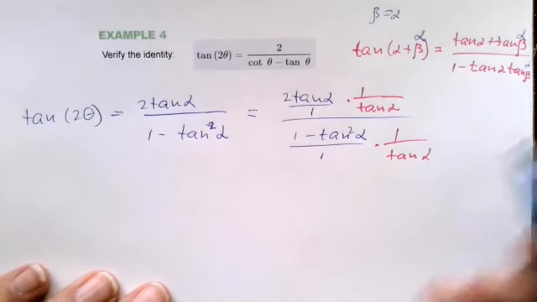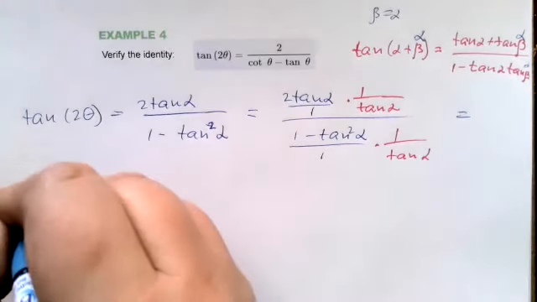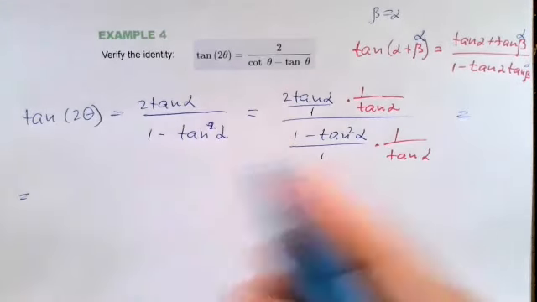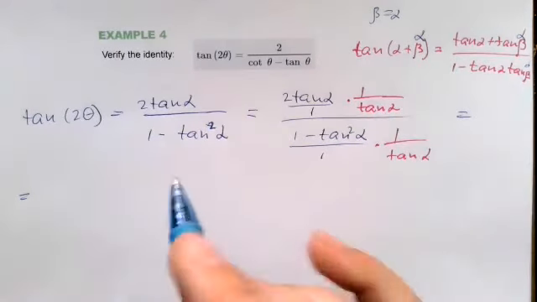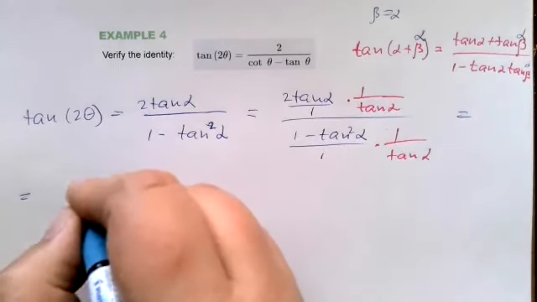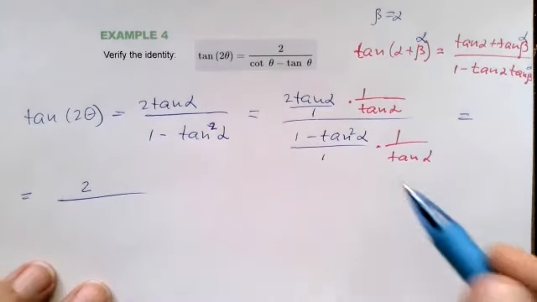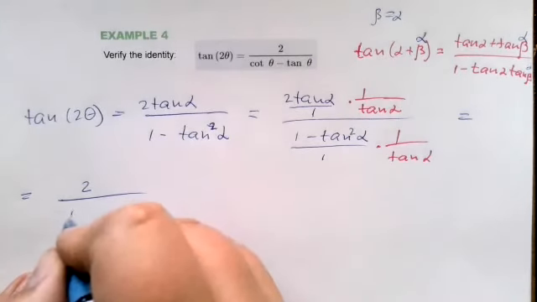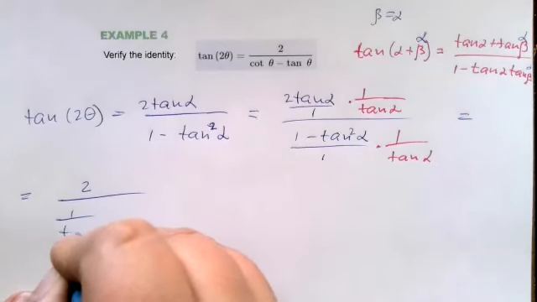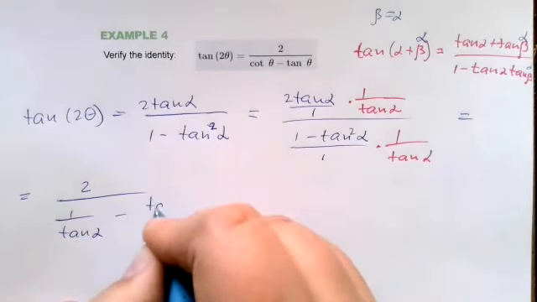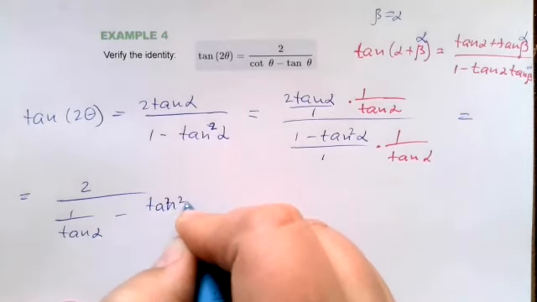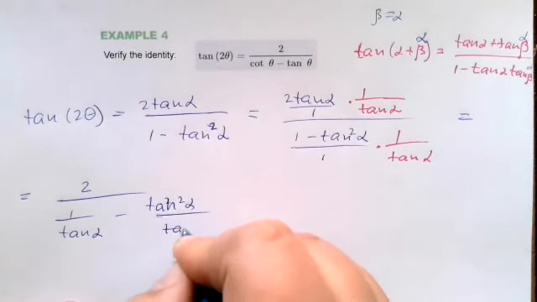Okay, so let's do that. Here I'm just going to cancel out tangent alpha. So that simplifies into 2. And here I'm going to have 1 over tangent alpha minus tangent squared over tangent.